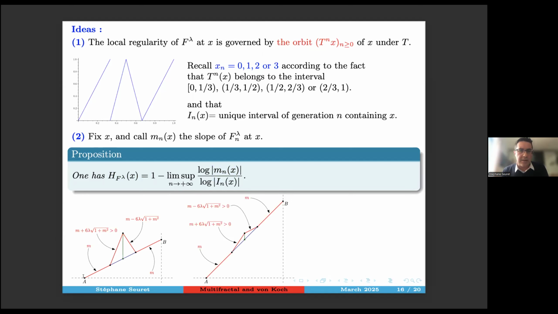But let's make some computation. You can look at the left part below. You have AB with a slope m, and we have explicit values for the two new slopes that appear: m plus 6 lambda and m minus 6 lambda.